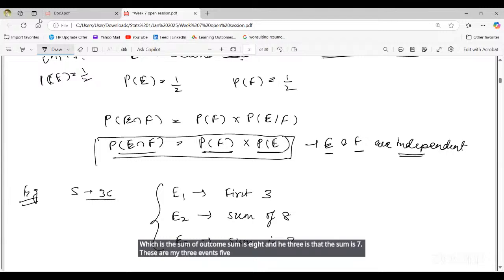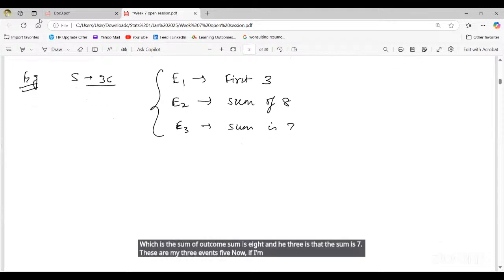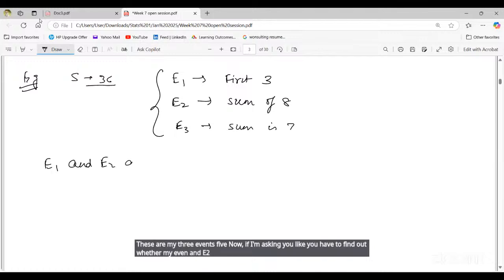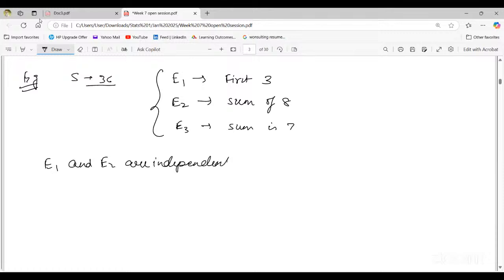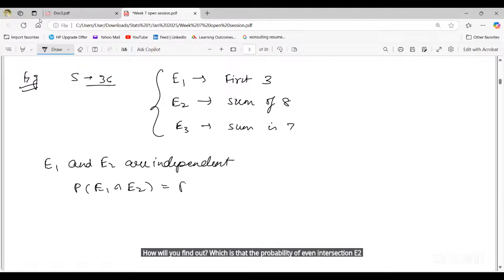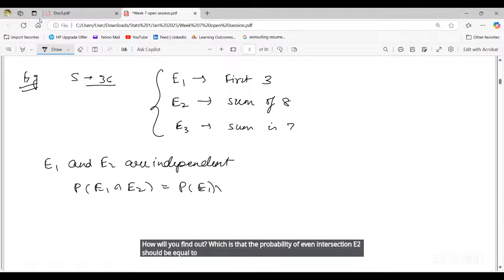Now, I'm asking you to find out whether my E1 and E2 are independent. How will you find out? The probability of E1 intersection E2 should be equal to probability of E1 into probability of E2. Correct?